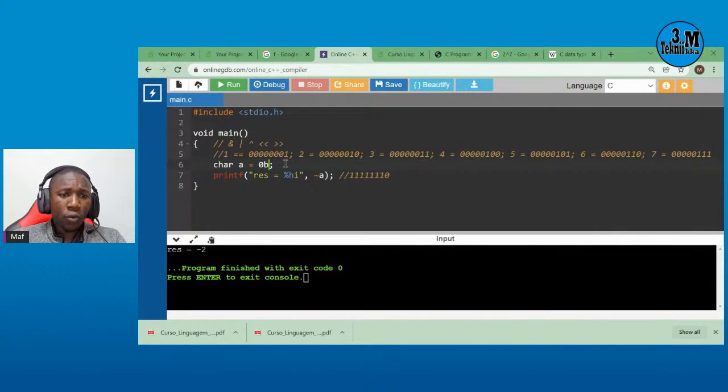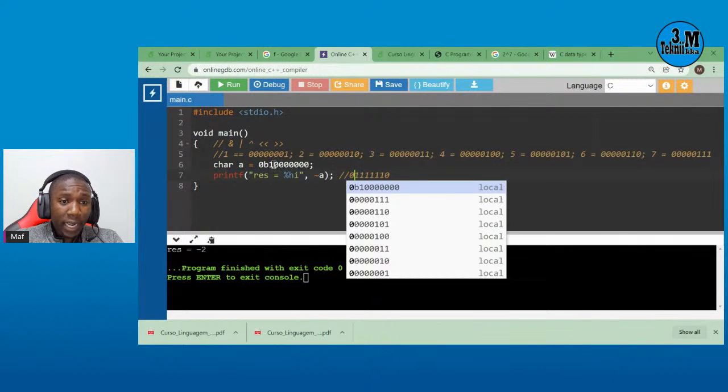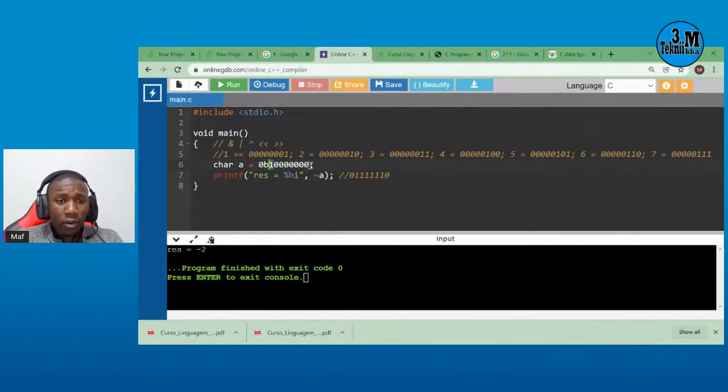I want a 0 here, a 1 here, and then 1, 2, 3, 4, 5, 6, 7. And then if you do the negation of this, then you have 0. This is going to become a 0, and the others are going to become a 1. Okay, and then you have this, which is equal to this.